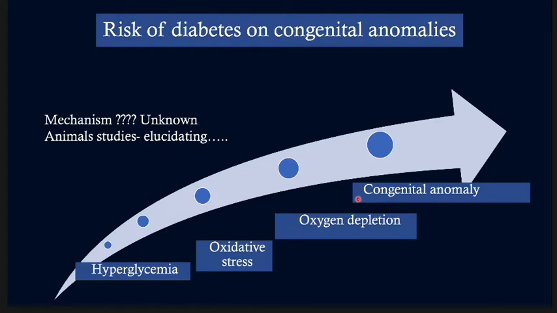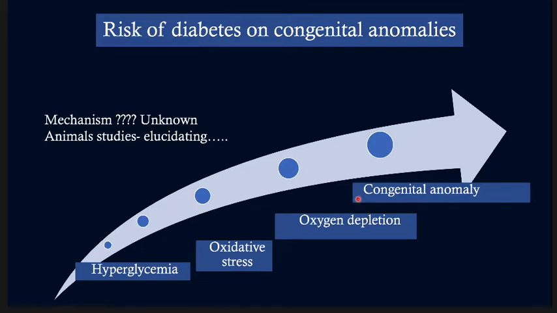So what about anomalies? Again, the same mechanism. It's not definitely concluded or proved, but there are some animal studies that elucidated constant or chronic hyperglycemia causing oxidative stress and then oxygen depletion in developing organs, whatever the organ it is. Is it kidney? Is it a limb?